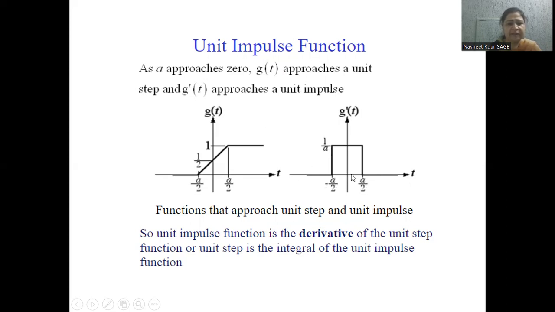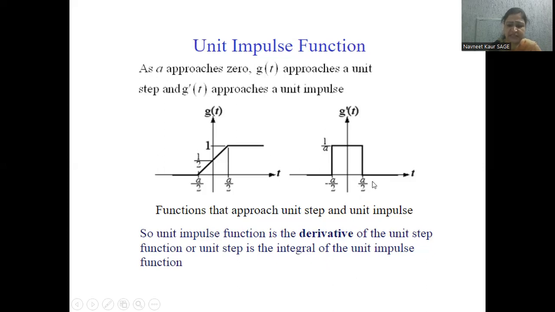Now, when A approaches 0, the amplitude of the signal approaches infinity and the width of the signal approaches 0. Here we obtain a unit impulse signal, which is obtained as the derivative of the unit step function.